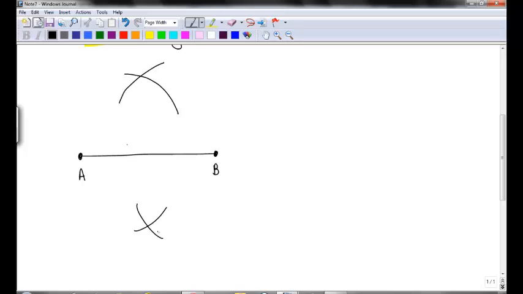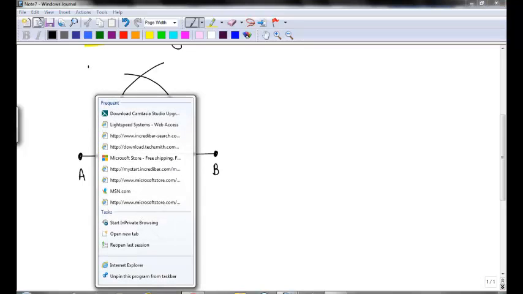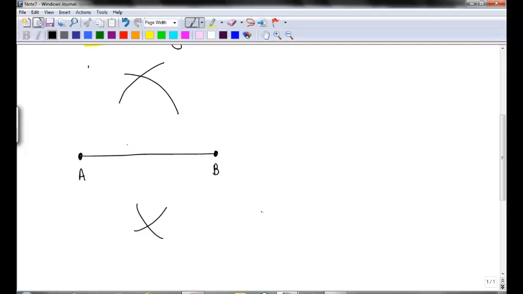Then take your straight edge, and if you take the point where these intersect and the point where these intersect and connect them, that point should bisect the segment. And this part is the same as this part.